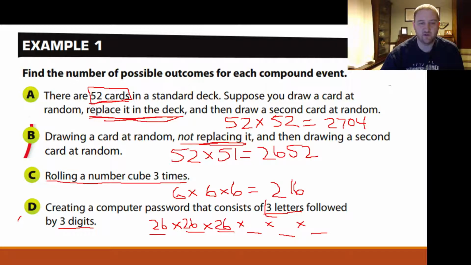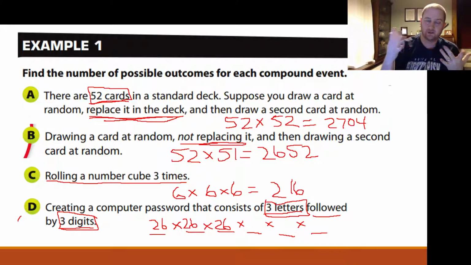Those are our 3 letters. Then it's followed by our 3 digits. Now, there are 10 digits, right? You can have 0, 1, 2, 3, 4, 5, 6, 7, 8, 9. Okay, so there's 10 digits right there. 0 through 9 is 10. So we're going to do 10. And again, these digits could repeat. So 10 times 10.